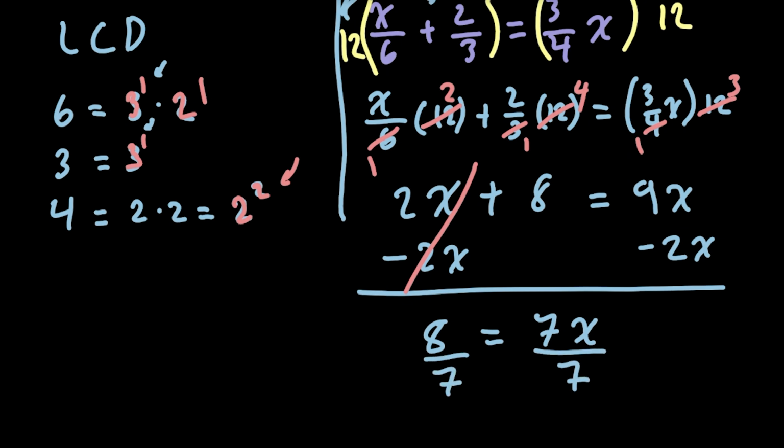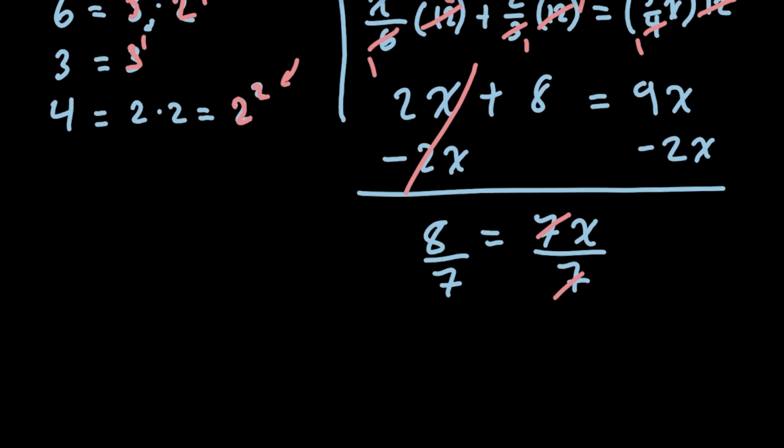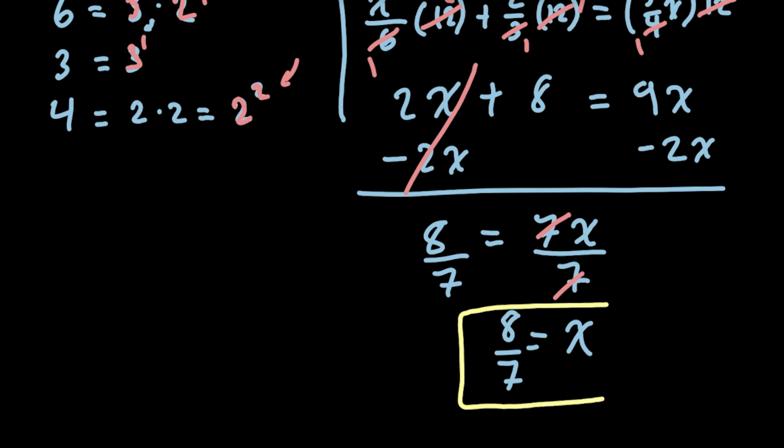So we are dividing by 7. Here this 7 and this 7 would be removed. So the remaining answer will be x equals to 8 over 7. And as you can notice, we cannot simplify it more. So we are getting the value of x, and this is the final solution for this example.